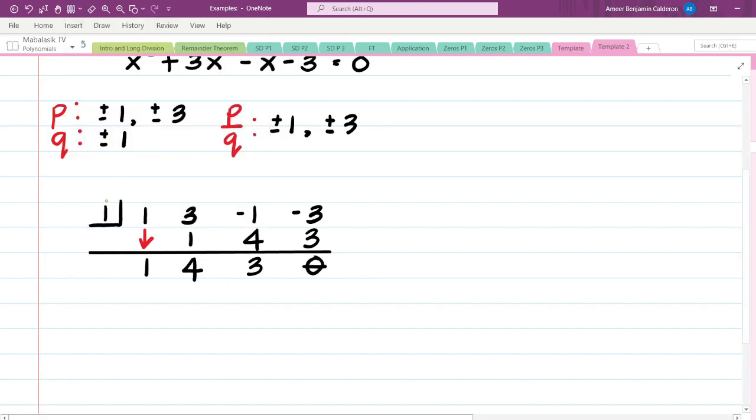Therefore, positive 1 is one of its roots, which represents the factor x minus 1. And now let us compose our depressed equation. What is now our depressed equation? This will be x squared plus 4x plus 3. Why is it an x squared?